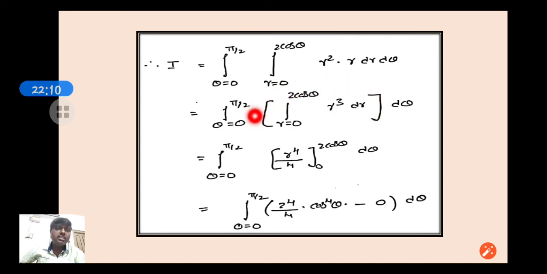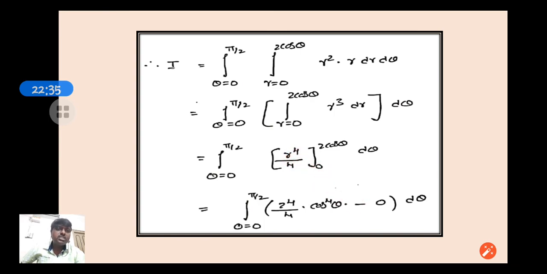First we calculate the integration inside with respect to r, treating theta as constant. The integration of r cube is r power 4 by 4 under the limits 0 to 2 cos theta. The upper limit is 2 cos theta, so I am writing 2 power 4 into cos power 4 theta by 4, minus the lower limit, which is 0.